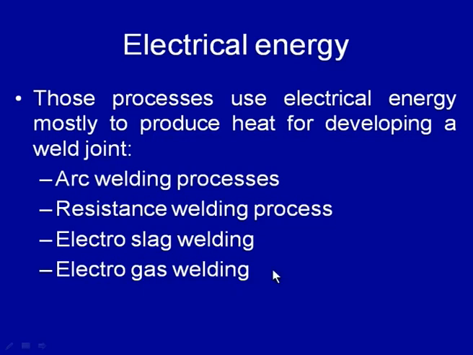So, here electrical energy is used to generate heat through electrical resistance heating to get the base material faying surface in a molten state, and also the same energy is used for melting the filler material, that is the consumable electrode.